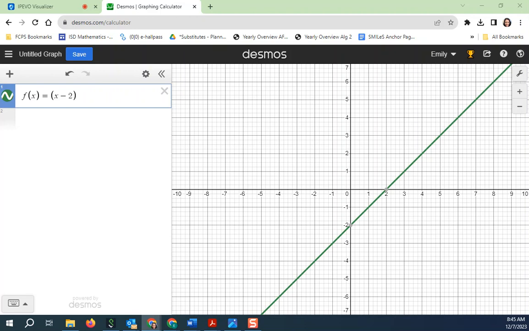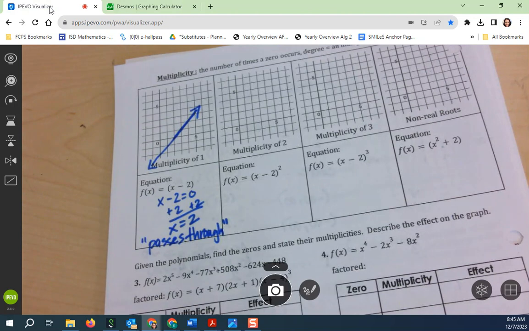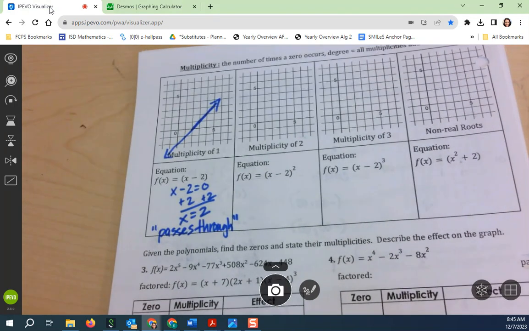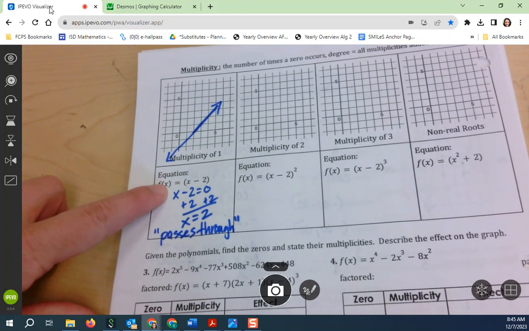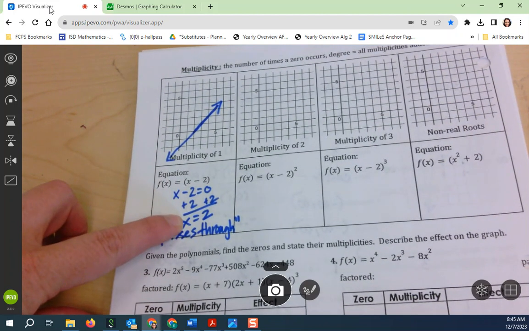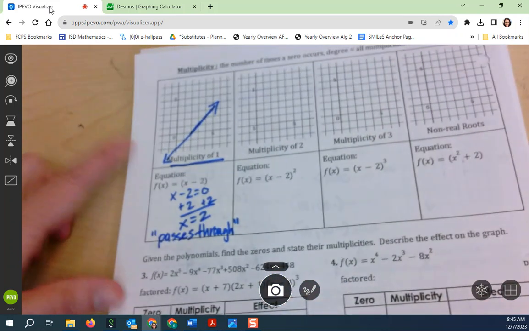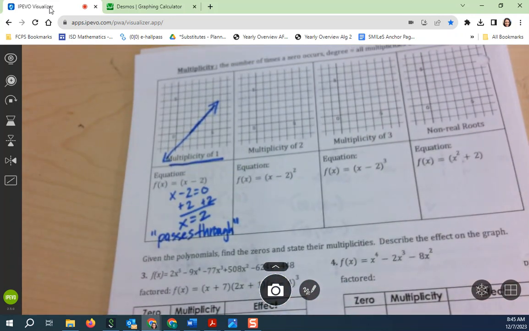So I'm going to write passes through. Okay, so your graph passes through the x-axis at 2. You set your factor equal to 0 and you get your solution. It has multiplicity of 1 because the factor happens only one time and it passes through.